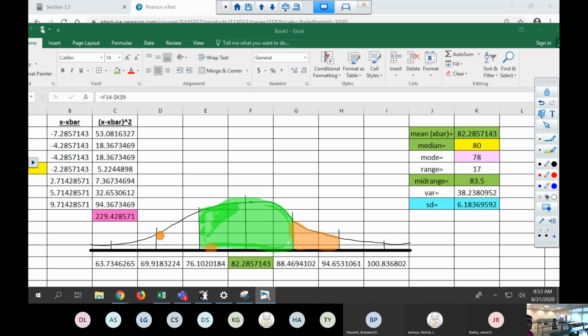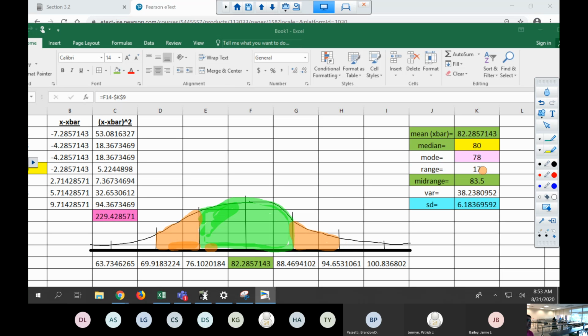And if you don't understand where I got that 13.5, then you need to look at your empirical rule. The empirical rule is one of those things that the teacher tells you to learn, and half the students don't listen, and then they wonder why they're making bad grades later on in the semester. Okay? And then 2.5% falls out here.